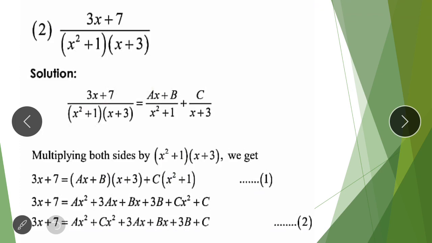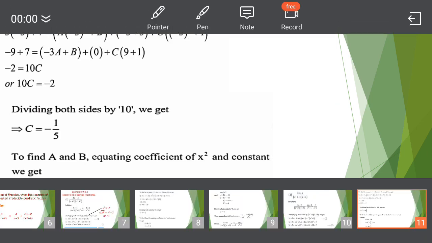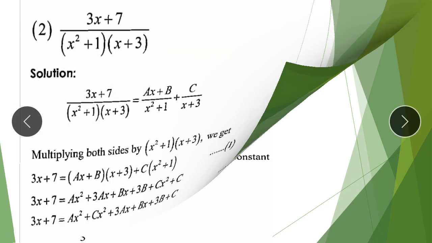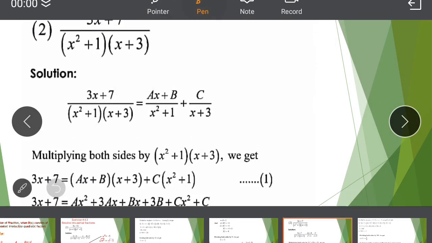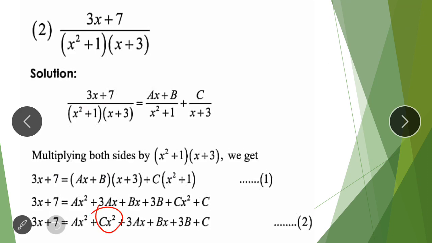So here we can have x square. Let me highlight it for you. This is x square, this is x square, and if you don't have any x square here, you can write 0 as 0 x square exists.